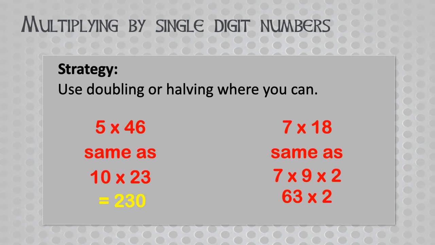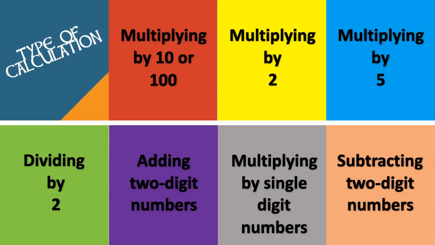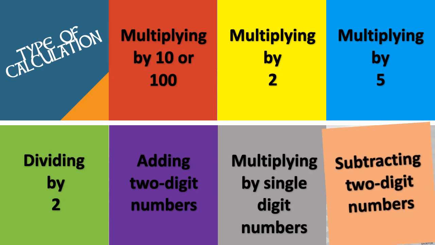Remember, when multiplying by 2, we are doubling the number or adding it to itself. So 63 plus 63 is equal to 126.